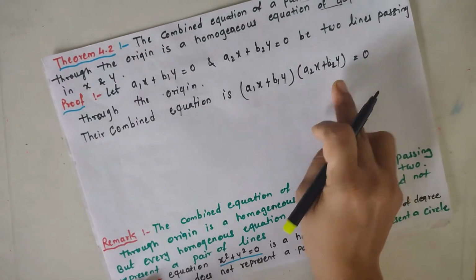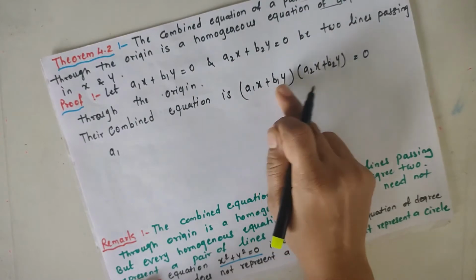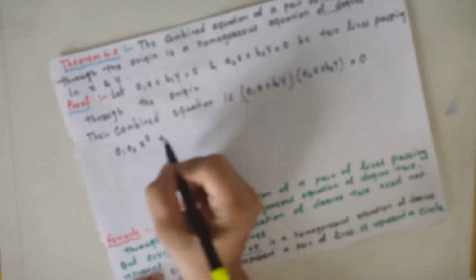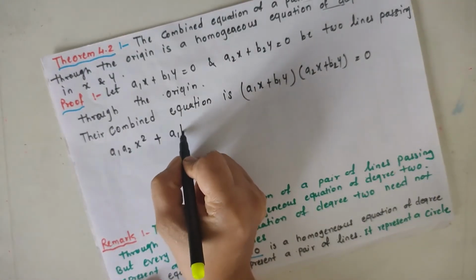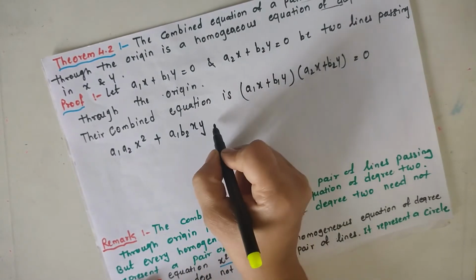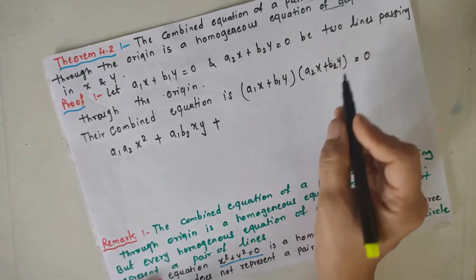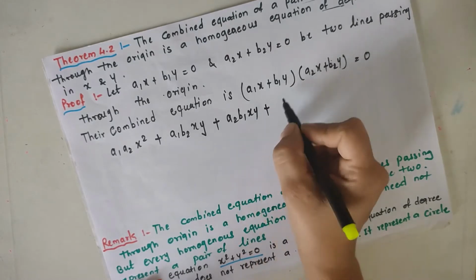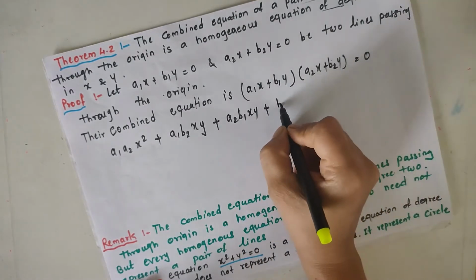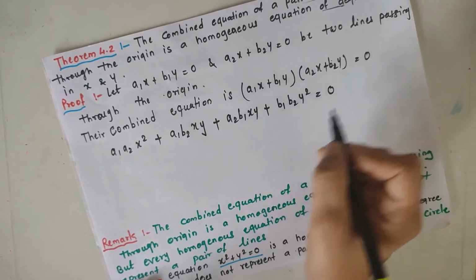Now by calculating these two brackets, we get a1x into a2x is a1 a2 x square, plus a1x into b2y, that is a1 b2 xy, plus the second term into the second bracket b1y into a2x, that is a2 b1 xy, plus b1y into b2y, b1 b2 y square is equal to 0.